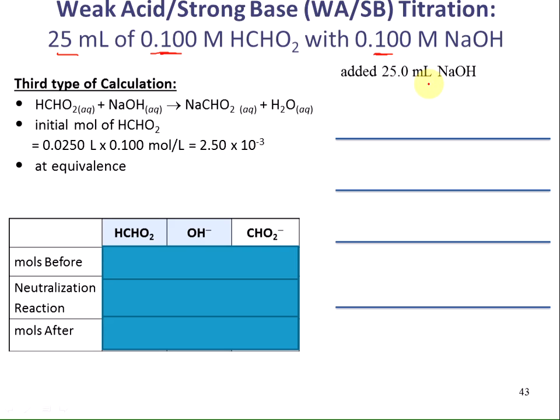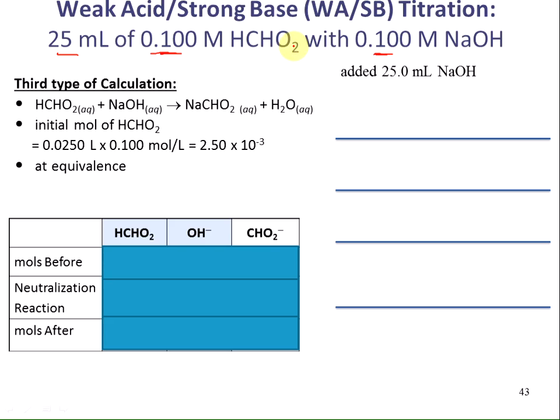Now, if you are asked to find the equivalence point and you're given the molarity of one solution and a volume, and you're given the molarity of the other, but you're not given the volume, remember the moles are going to be the same. So you take the molarity times the volume to get the number of moles of formic acid, and the number of moles of formic acid have to equal the moles of sodium hydroxide, so that's a 1-to-1 mole ratio.